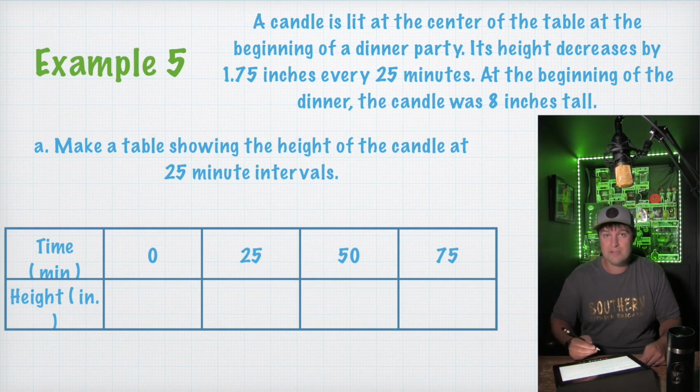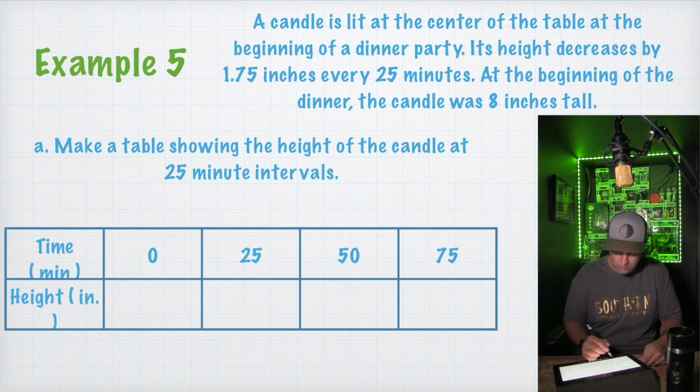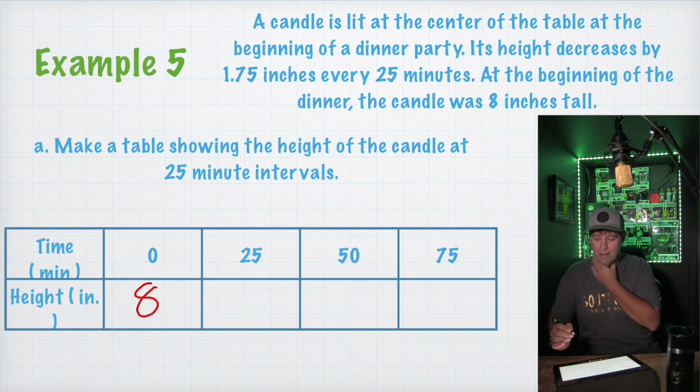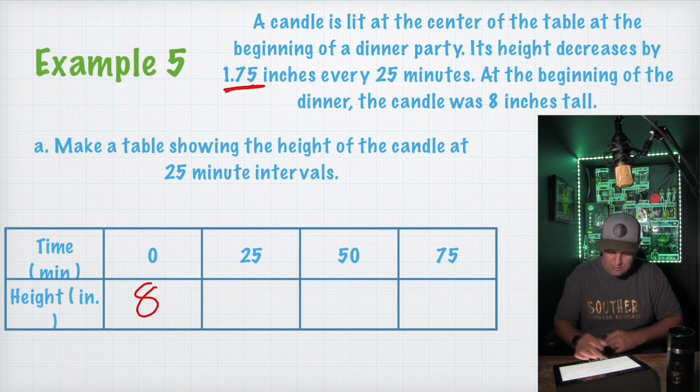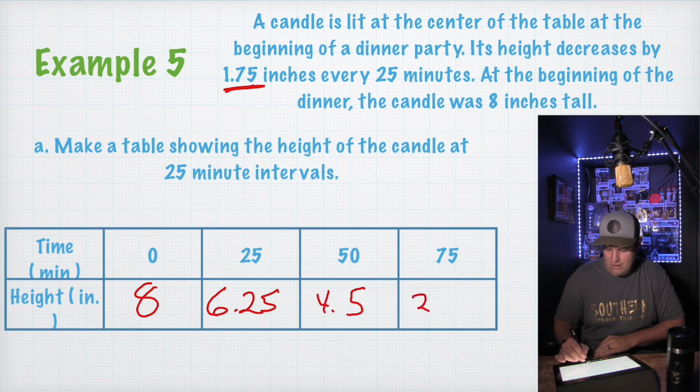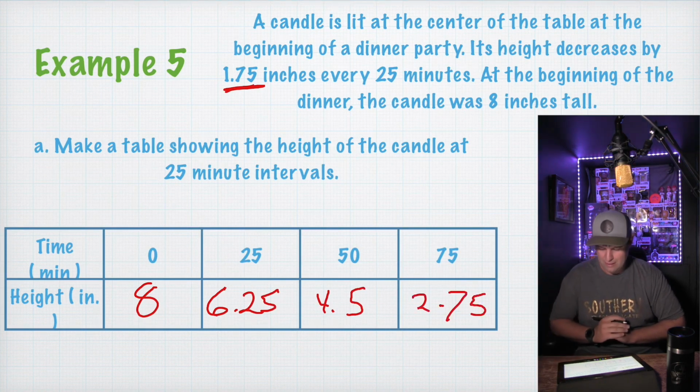So at time 0, it told us that the height of the candle was 8 inches. Then it decreases by 1.75 inches every 25 minutes. So it would be 6.25, it would be 4.5, and 2.75 at 75 minutes.